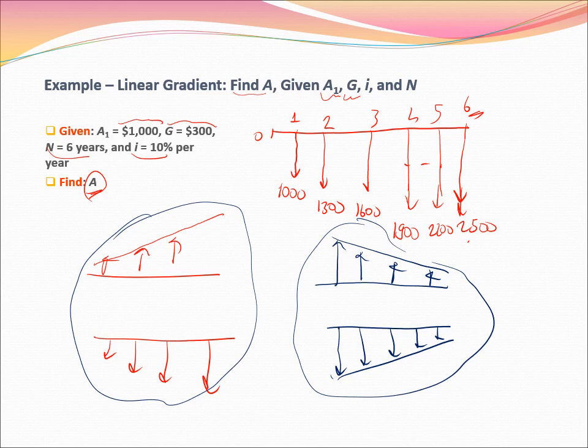We know the formula for increasing series, whether it's upward or downward, it's not important. For the decreasing series, we need to divide this into two parts and represent it as a subtraction of an increasing series.